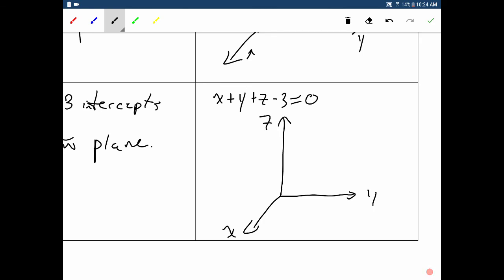In this case, obviously I picked easy numbers, they're all going to cross at 3. All 3 intercepts are at 3. So I've got my 3 points, and I'm just going to connect them like that. That one's a little easier than the last one to visualize what I've graphed. But that's it. Okay? So, until next time, go Sabres.